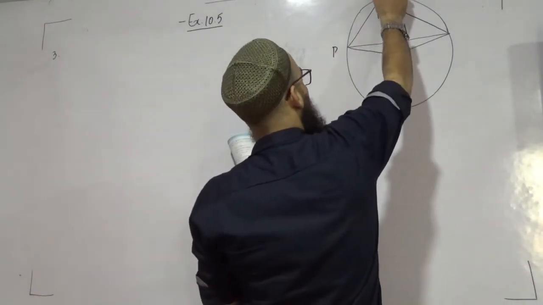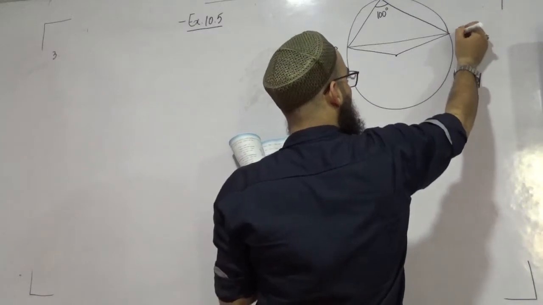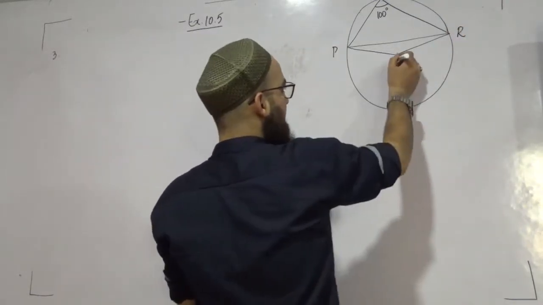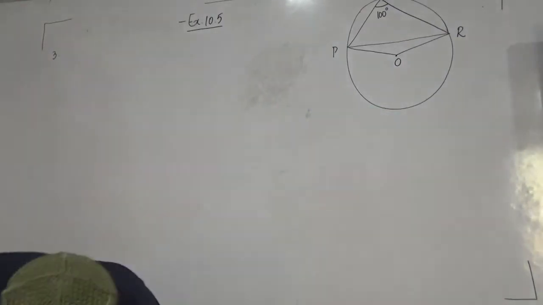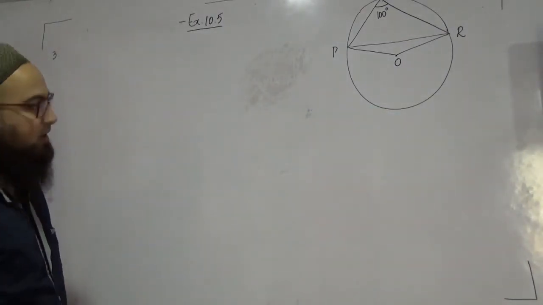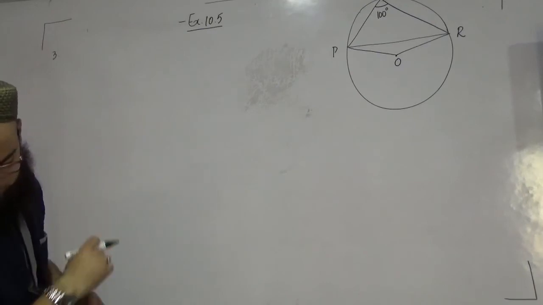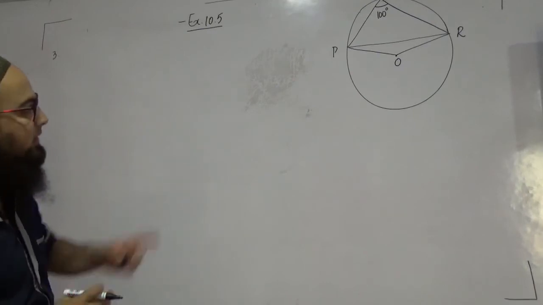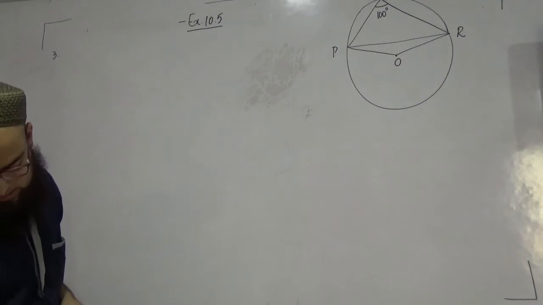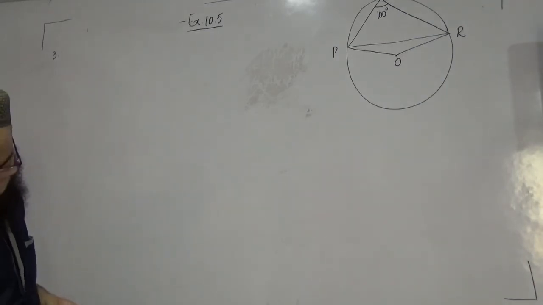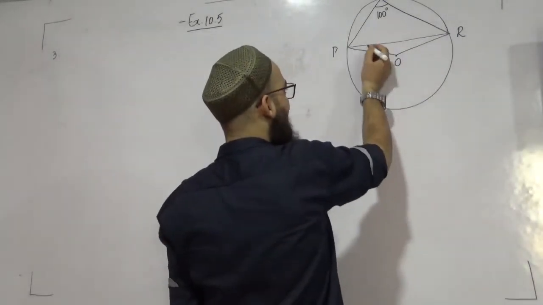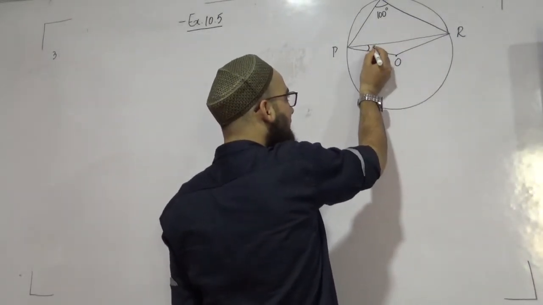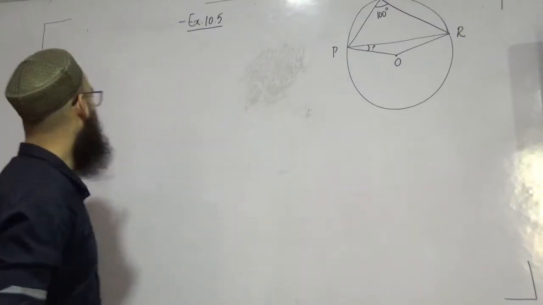P, Q, R. Center O. Got it? Angle PQR is equal to 100 degrees, where P, Q and R are points on the circle, with center O. Find angle OPR. So this is the angle you are about to find.